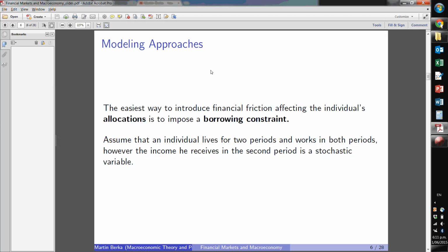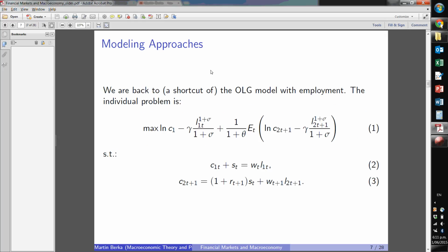So this is exactly the model that we had before, right? Except we have a very simplistic utility function: a log utility in consumption and a CES aggregate of the utility of labor. That is true both in the current period and in the future period, and this is an overlapping generations model.